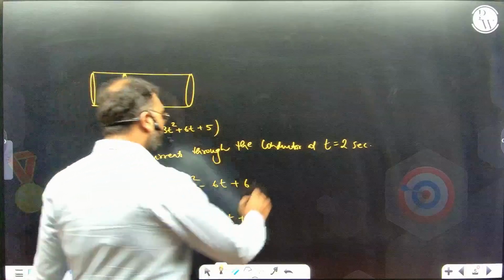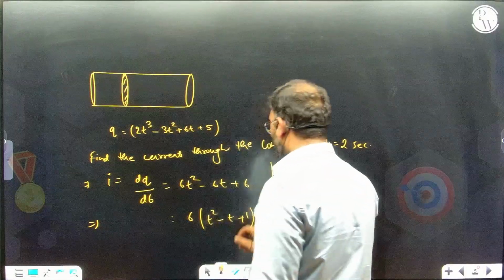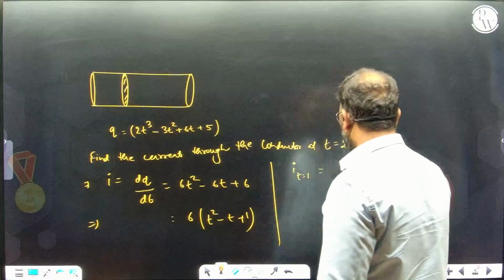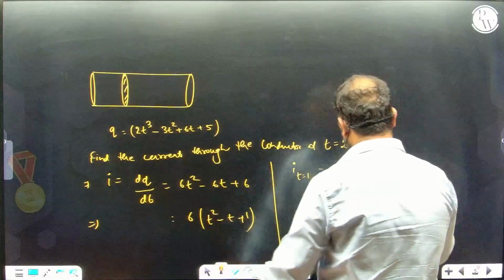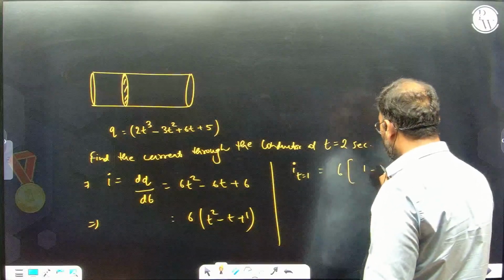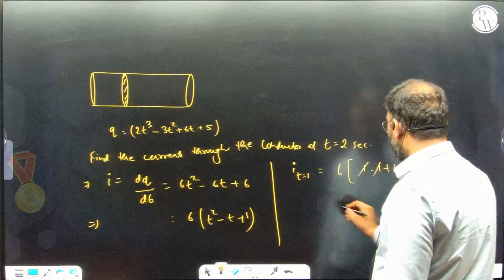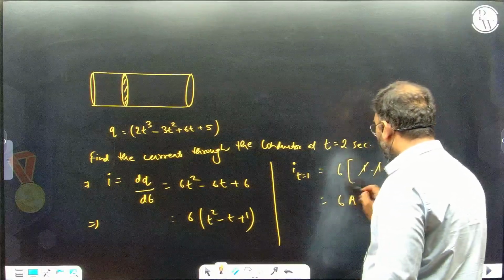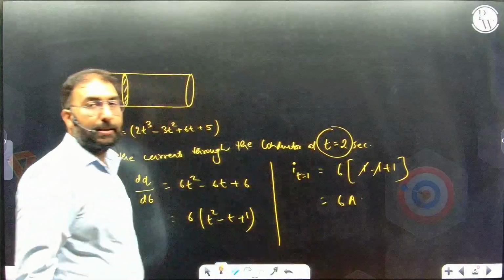Now I want the current at t equals to 1. So I will be putting t equals 1 here. So this is 6 into 1 square is 1, minus 1 plus 1. So this minus 1 plus 1 will get cancelled, and this will become 6 ampere. So the current value at t equals 1 second is 6 ampere.